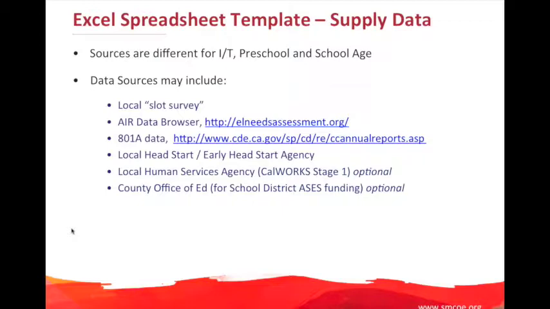If you want to include CalWORKs Stage 1, you would need to get that from your local Human Services agency because CDE does not manage that program. And if you want to include ACES funding, probably the best place is to ask your County Office of Education. But those last two are optional, your own county decision.